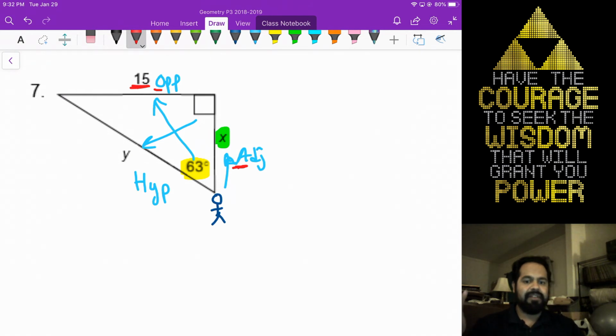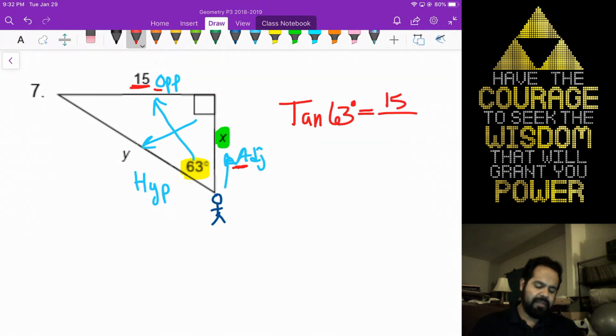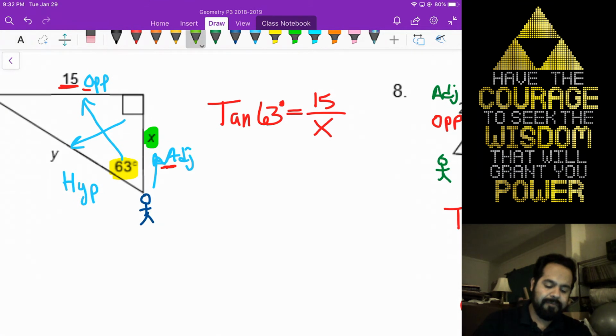Opposite, adjacent, tangent. So tangent of 63 equals 15 over x. Same thing as before, we're going to try to get x in the numerator, multiply both sides by x.